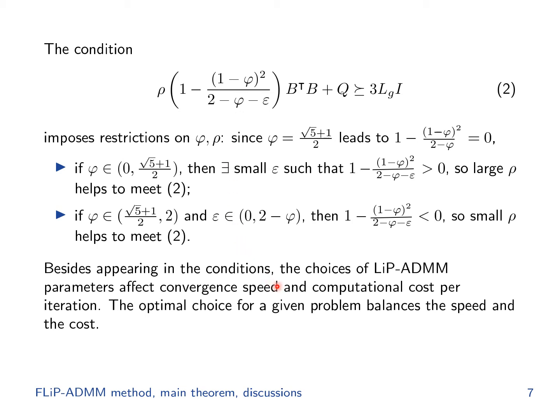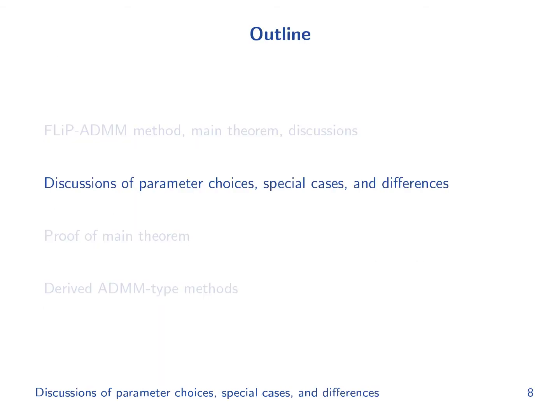These choices not only determine whether they satisfy the sufficient conditions for convergence, but they actually also affect the convergence speed and the cost per iteration. The optimal choice for a given problem balances the speed and the cost. Next, let's discuss the parameter choices, the special cases, and differences.